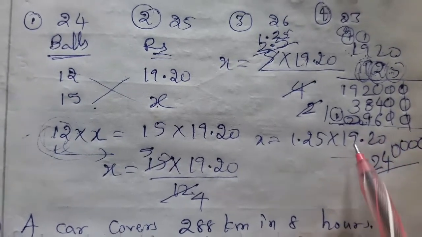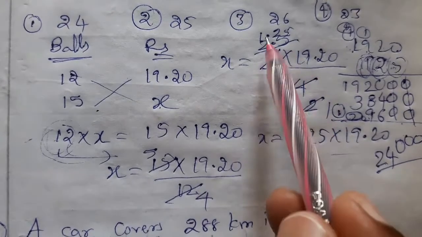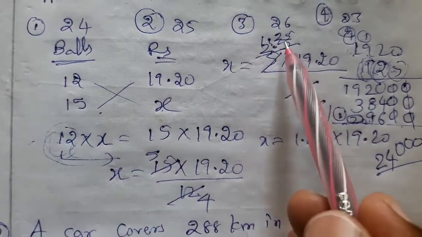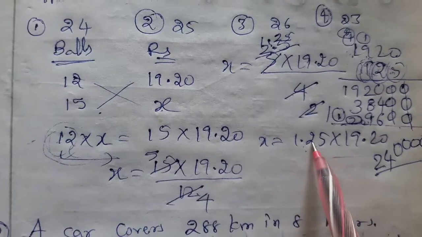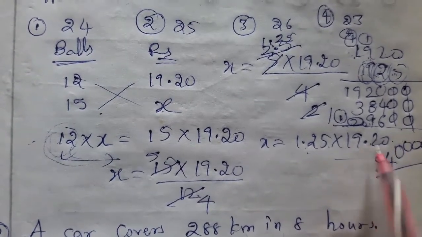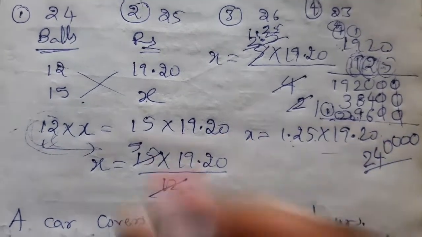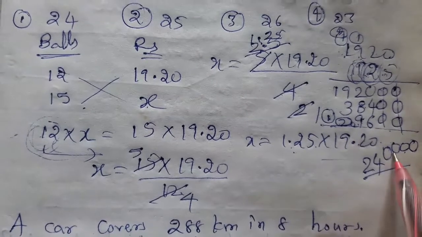Now count how many digits are there after the decimal. This is the decimal point; after the decimal, here 1 2, here also 3 4. So totally after the decimal how many digits are there? 4. So count from right to left, 1 2 3 4.